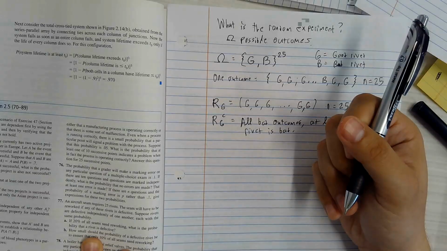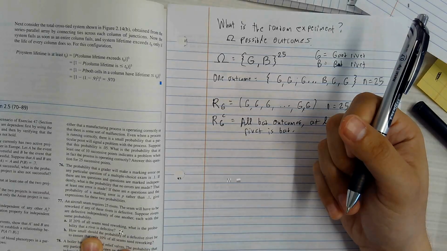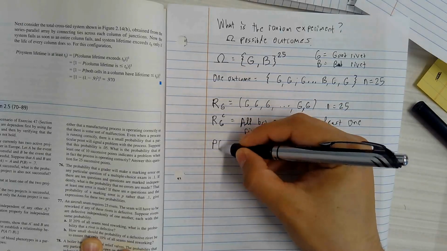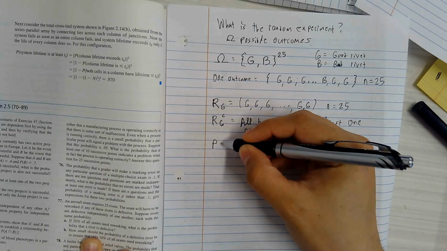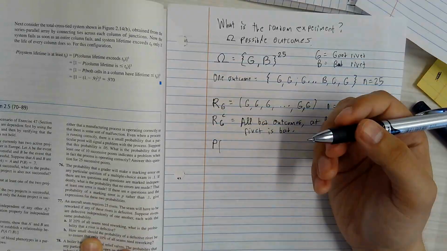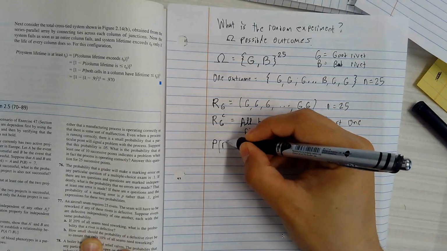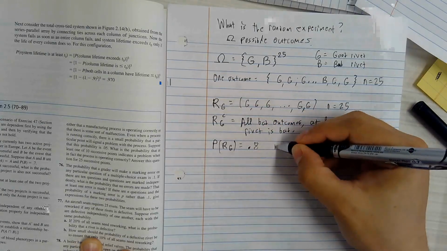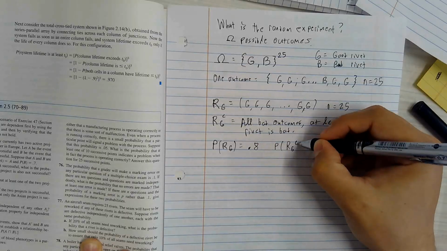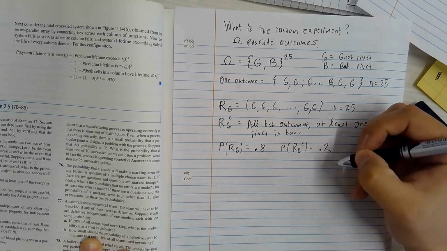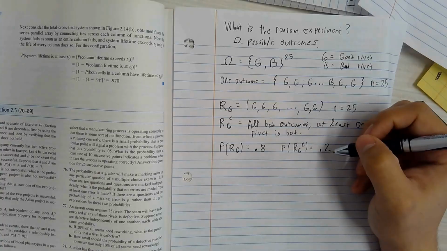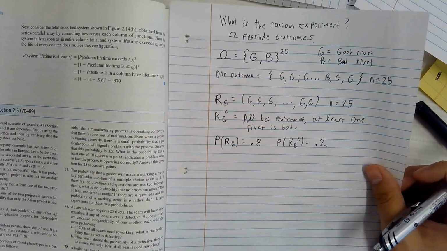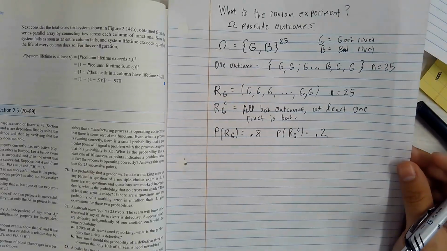So we're going to say that the probability of RG is simply going to be 0.8, and the probability of RG complement is simply going to be 0.2. And according to A, 20% need reworking.